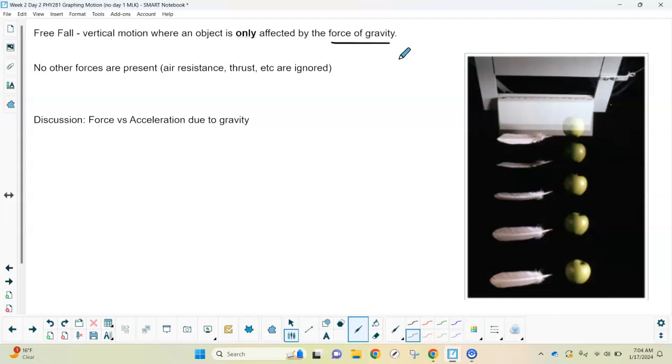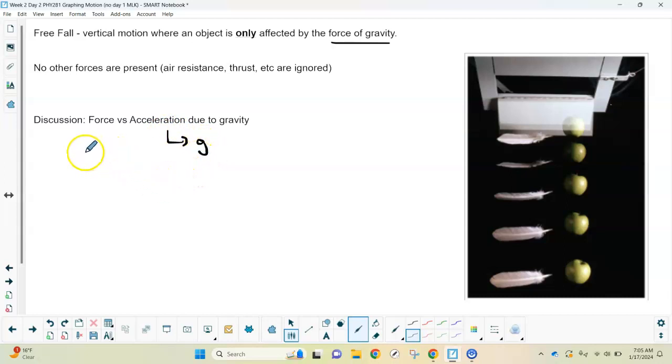So your weight is describing the force or the pull of the Earth acting on the mass of the object. The acceleration due to gravity is a different concept. It is the rate at which the force of gravity changes the motion of an object. So the force of gravity is the weight, and the acceleration due to gravity is that idea of acceleration. We use a symbol for the acceleration due to gravity called little g.